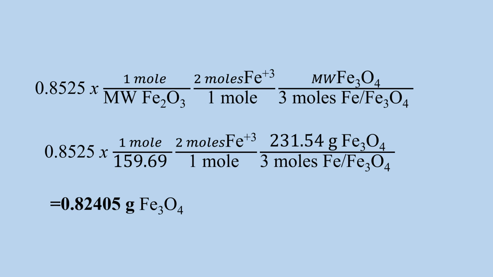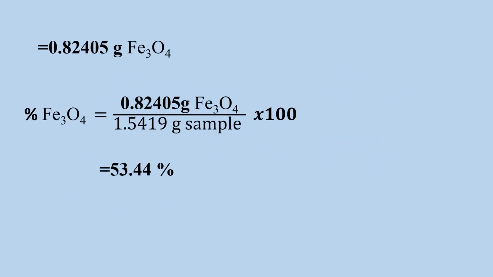Next slide is, so ito na yung translation from ferric oxide to magnetite. We need to get the percentage of magnetite in the sample times 100, this gives us 53.44%.